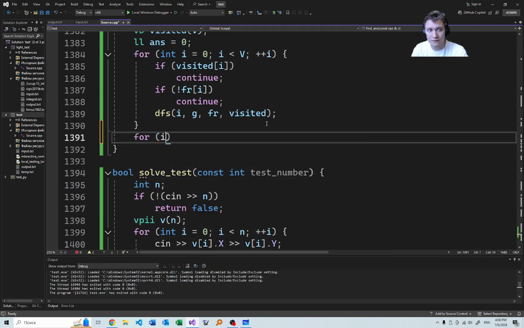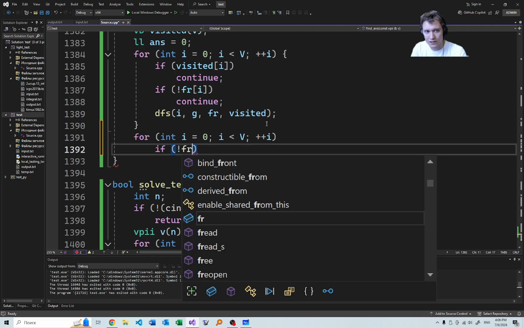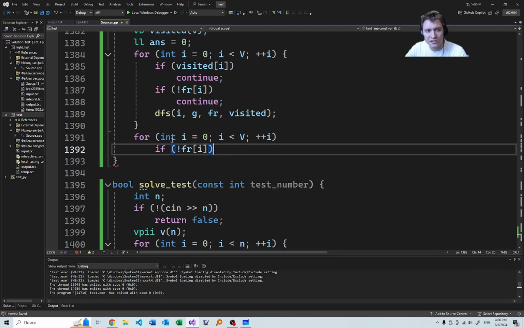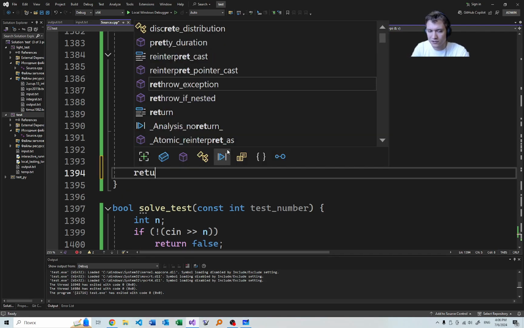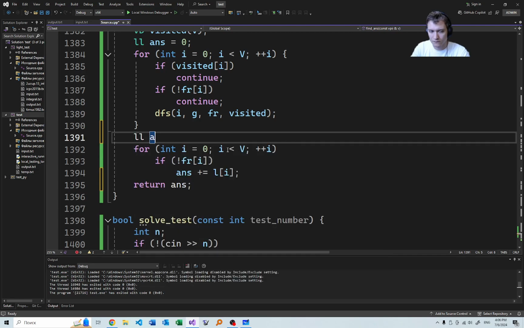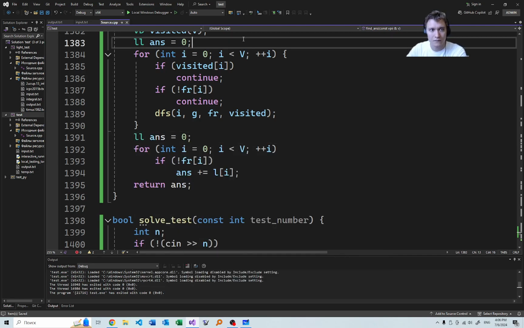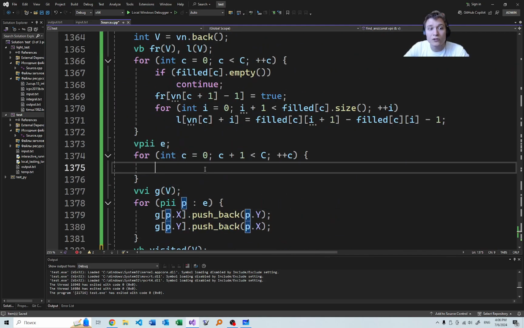And finally, if a vertex is still not free, then we have to add the length of this vertex to the answer.